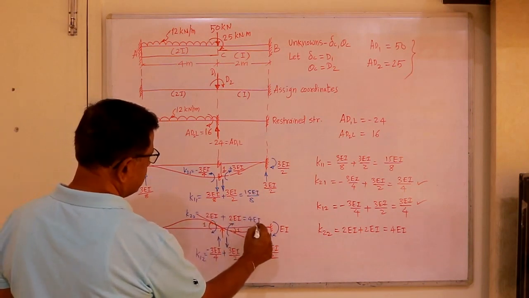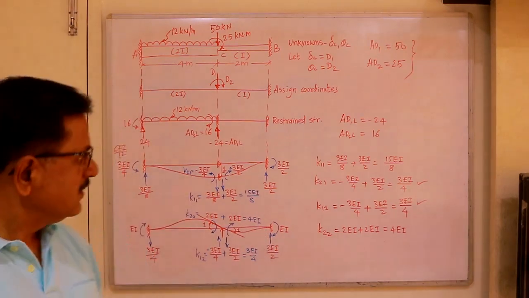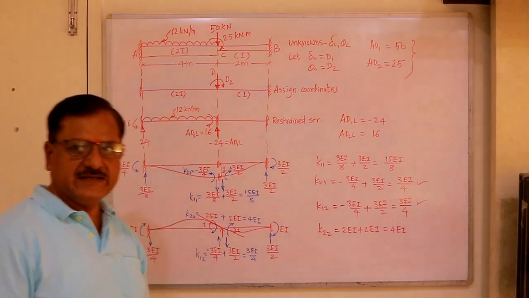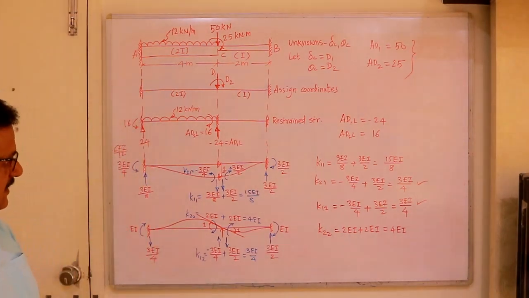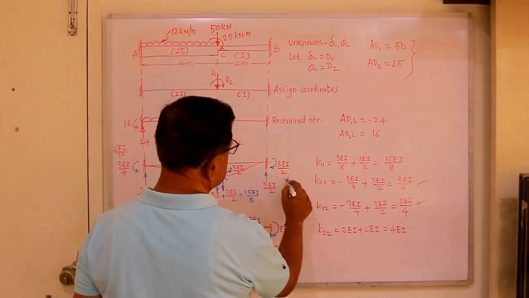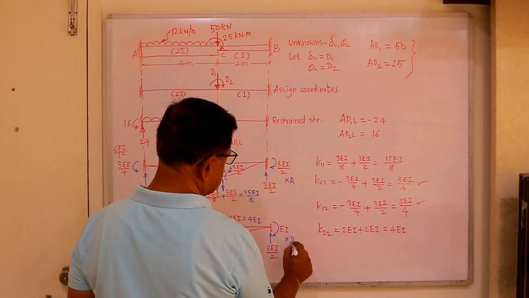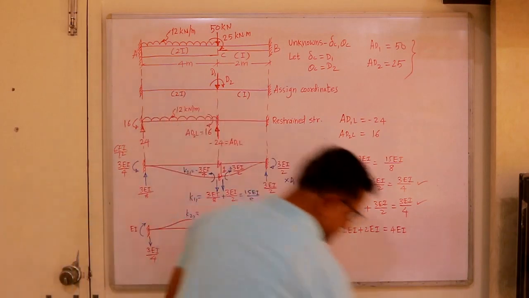So even directly you can find out all these coefficients directly on the beam, or you can calculate separately, as per your convenience. Now all these coefficients are to be multiplied by D1 while writing down the equilibrium equation, and these are to be multiplied by D2.